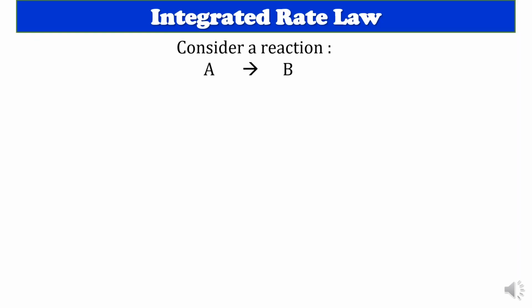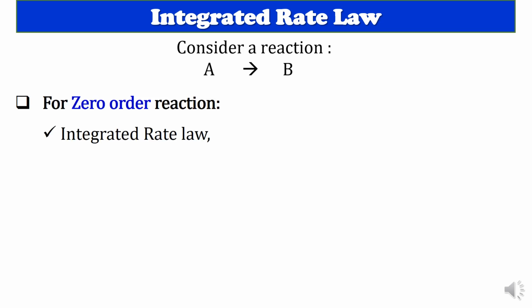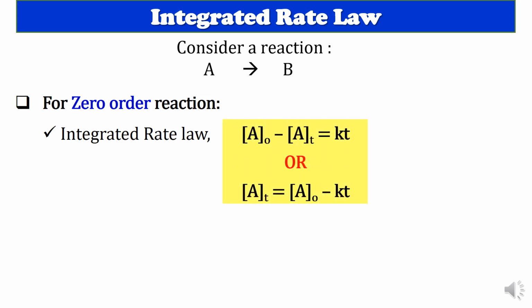Consider the following general reaction equation A produce B. For zero order reaction, the integrated rate law is [A]0 minus [A]t equal to kt, or in other form, [A]t equal to [A]0 minus kt.